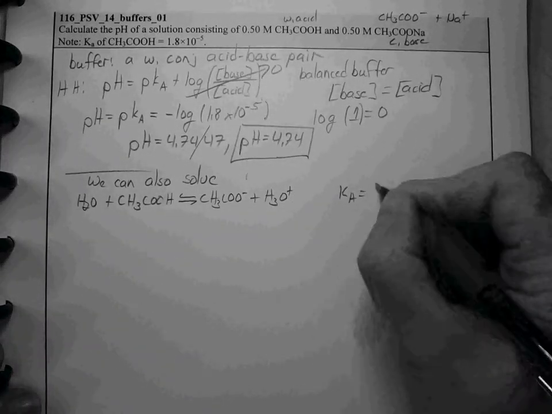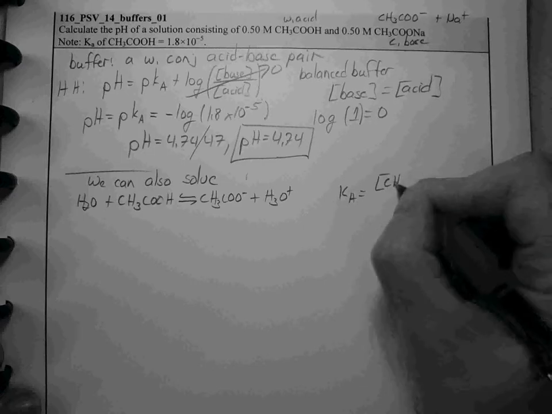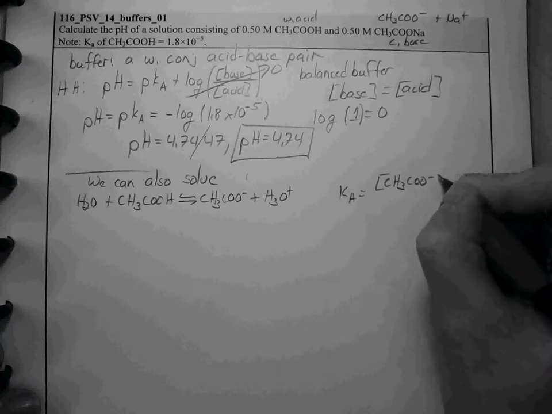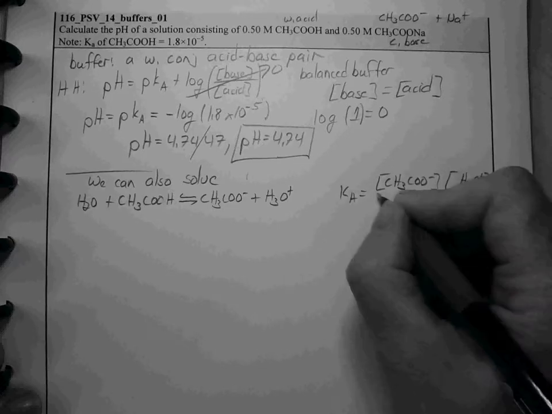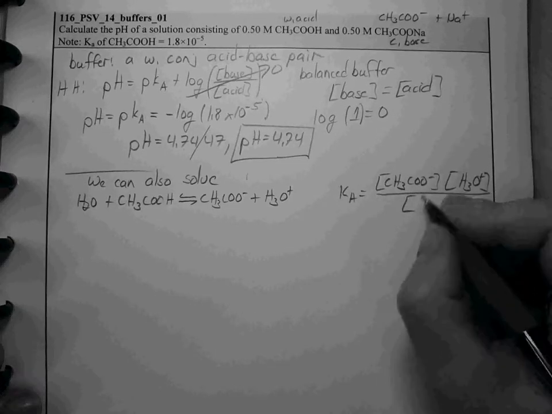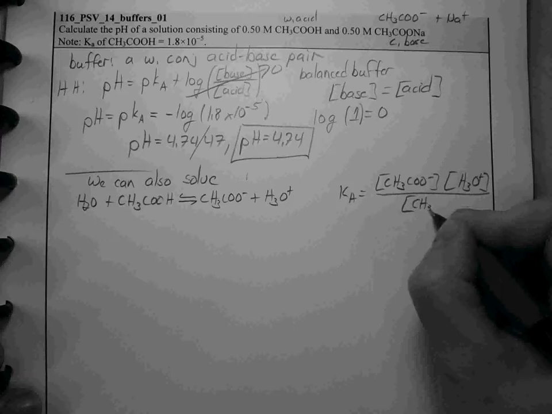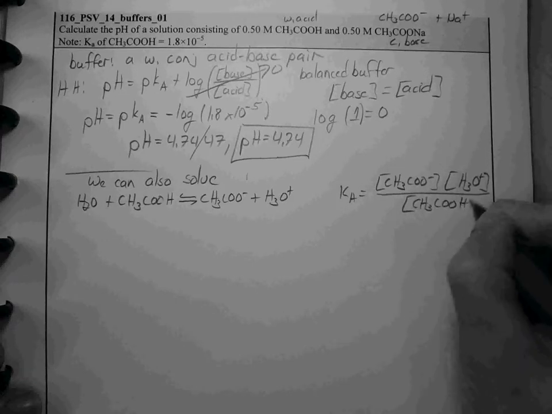K is the concentration of our conjugate base multiplied by our hydronium ion concentration and our equilibrium concentration of the weak acid.